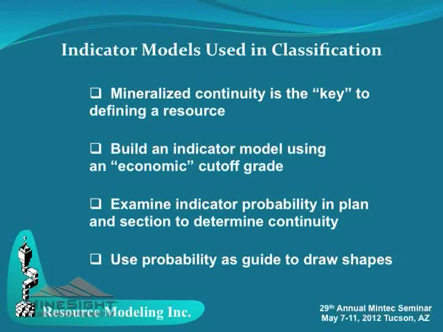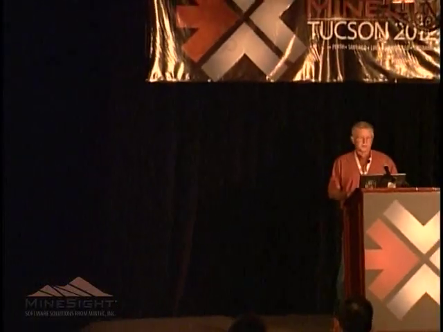But in classifying mineral resources, most jurisdictions use mineralized continuity as sort of the key thing to be looking at to classify a resource. And so one of the easiest ways that I've found to demonstrate mineralized continuity is simply to build an indicator model at some economic cutoff grade, or the cutoff grade that is going to be used to tabulate mineral resources.